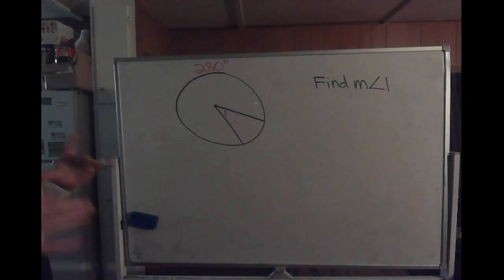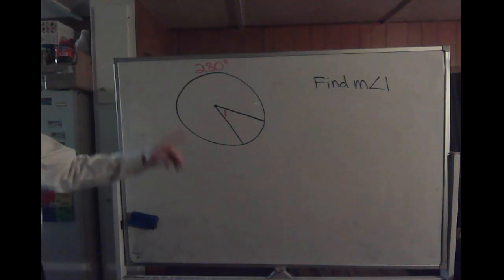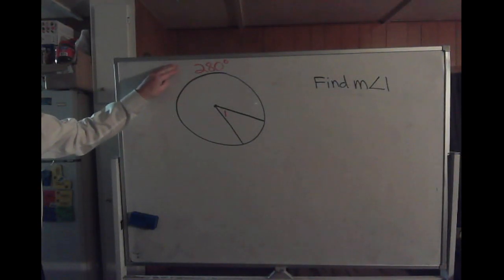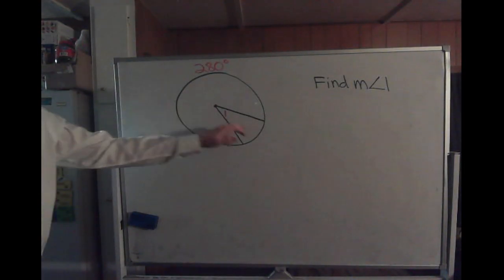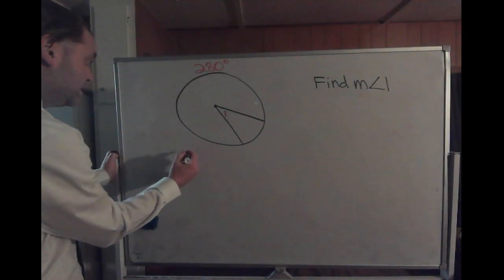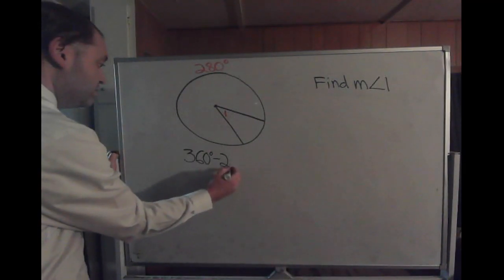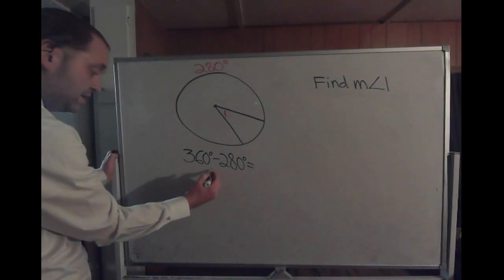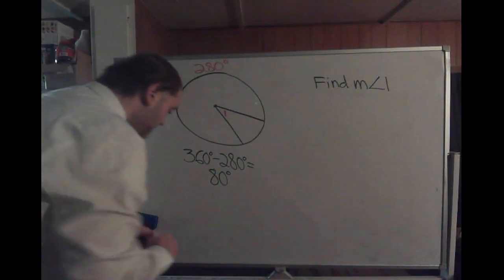First we have central angle 1, which we will ultimately want to find. In this circle we have the measure of the major arc, which is 280 degrees. Well, in order to find the measure of the minor arc, that's just going to be 360 minus the major arc, right? So you'll take 360 degrees minus the 280 degrees, which of course is going to equal what? 80 degrees. So the measure of the minor arc is now 80 degrees.